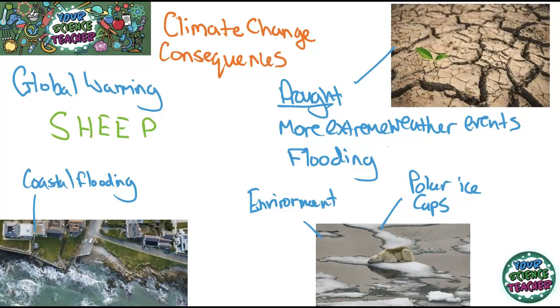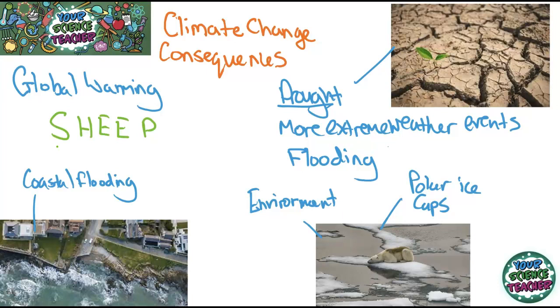Now, looking at the social effects of climate change, well, these are the effects that it's going to have on people. People are going to die, and people are going to be displaced from their homes. This is obviously a direct link to climate change. As well as this, there's going to be health implications. People living in warmer environments with less access to clean water, that's going to be a huge impact.